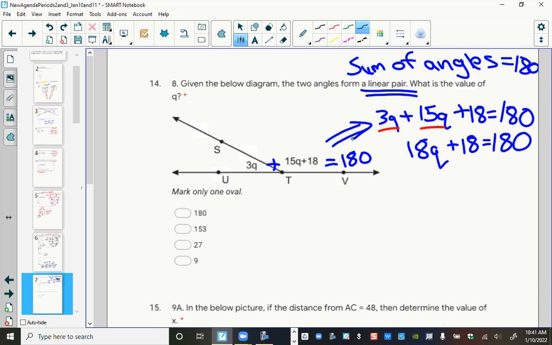Your 3q plus 15q gives us 18q, plus 18 is 180. Now from here, all you have to do is solve for q. I'm not going to have you do anything else. Just solve for q. Now we're down to basically a two-step problem here.